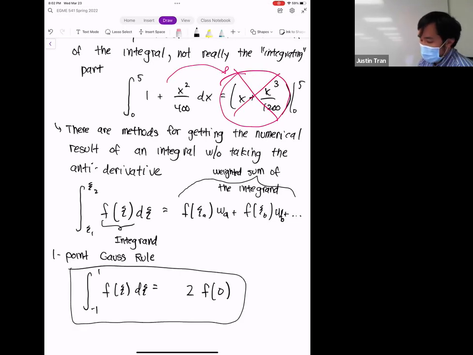That's it. We just take whatever integrand is there, multiply by 2, and evaluate it at 0. And that's your integral right there. So that's the 1 point rule.